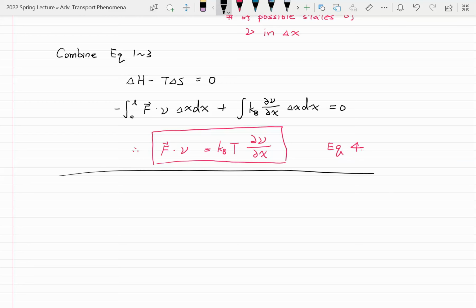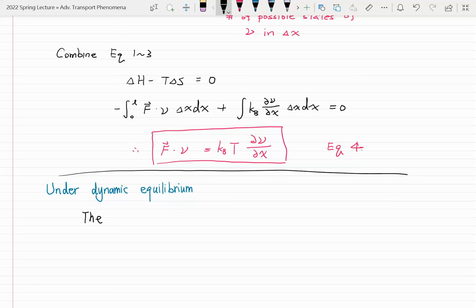Now, to continue our discussion, we come back to the idea again of the dynamic equilibrium. Under dynamic equilibrium, the collective movement of particles by the force F and the diffusion process should equal 0.